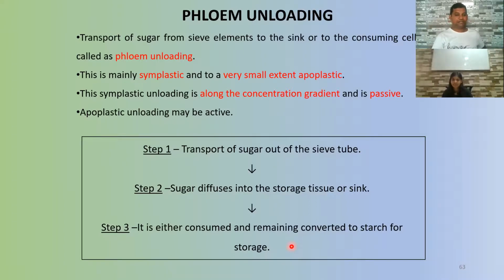The second translocation was the transfer of manufactured photosynthetic products from the leaf to every part of the plant through the phloem tissue. Any doubt in translocation?